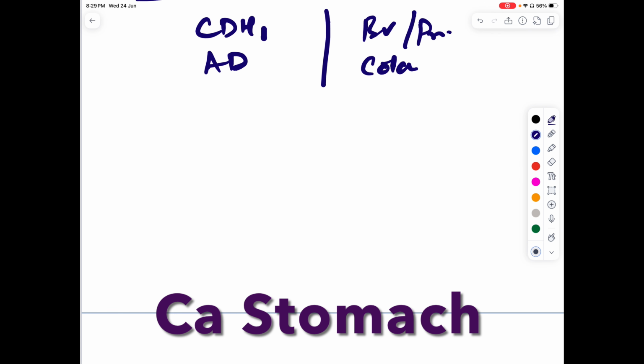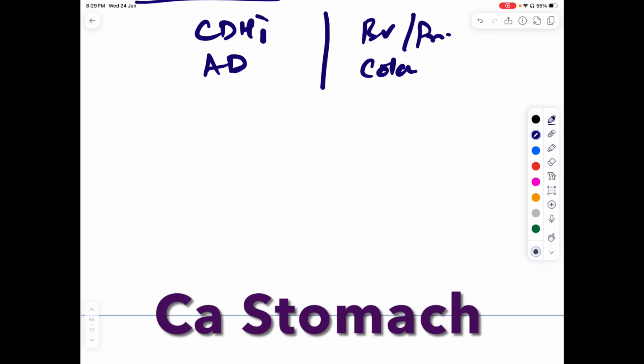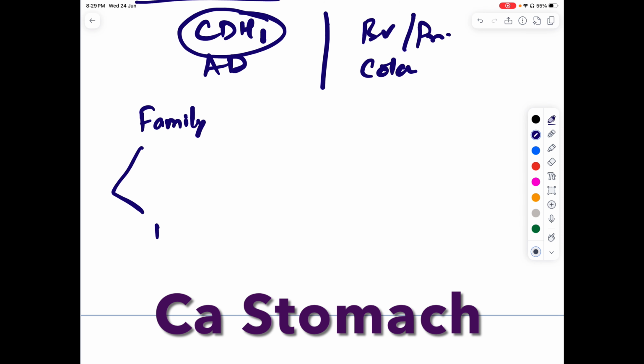Clinical criteria to select patients eligible for CDH1 mutation testing. What are the clinical criteria? Which patients to screen? Now if there is a family or individual. Which families?